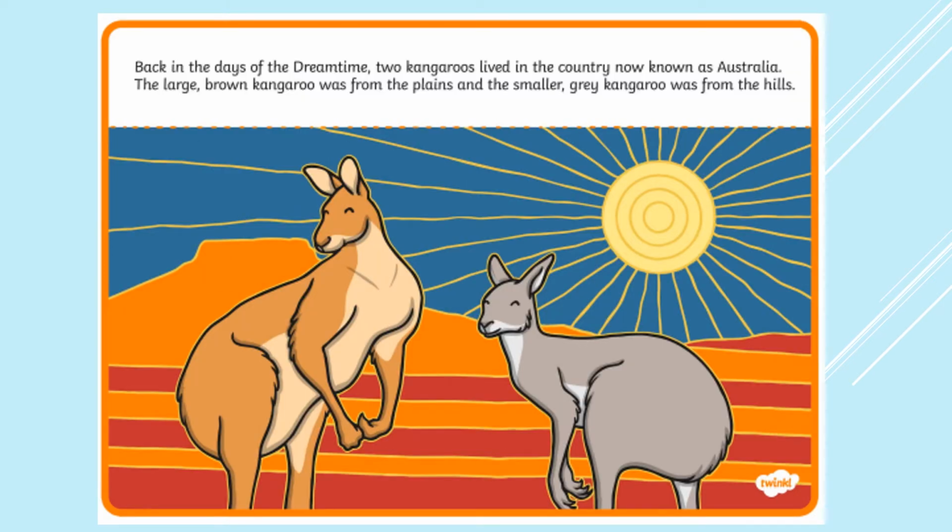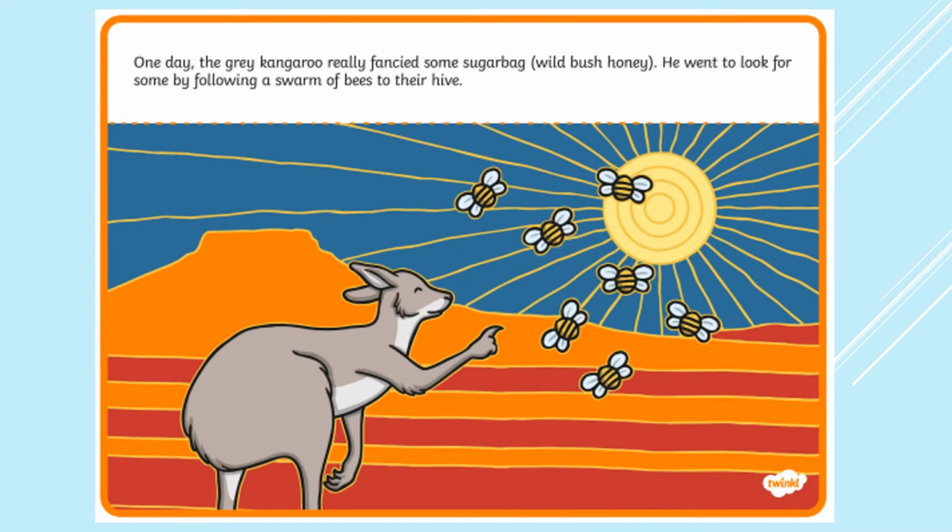Back in the days of the Dreamtime, two kangaroos lived in this country now known as Australia. The large brown kangaroo was from the plains and the smaller grey kangaroo was from the hills. One day, the grey kangaroo really fancied some sugarbag, which is wild bush honey.